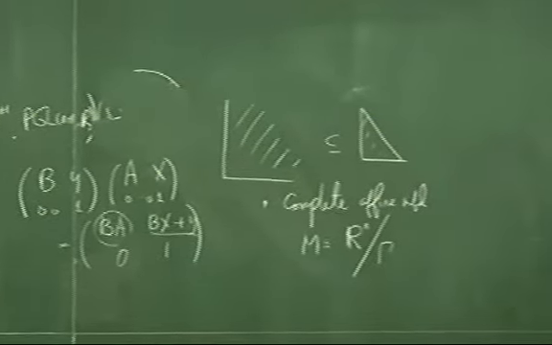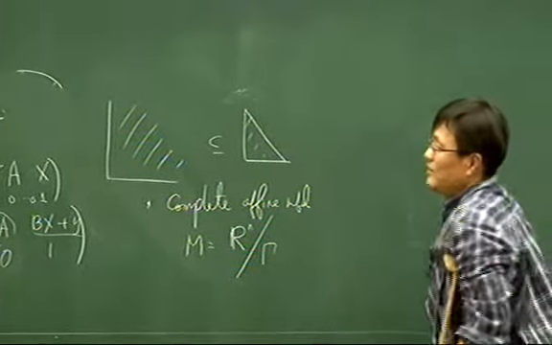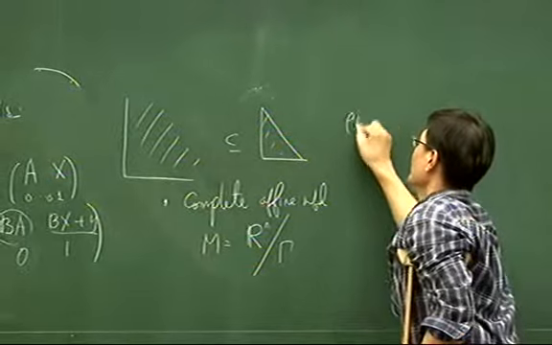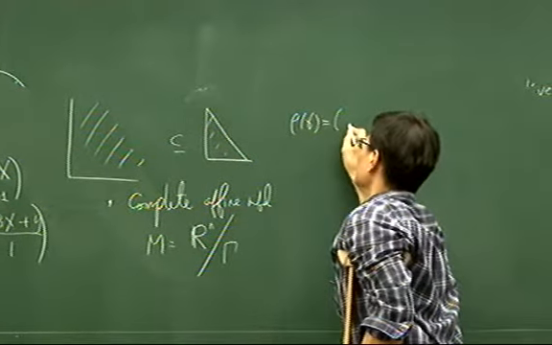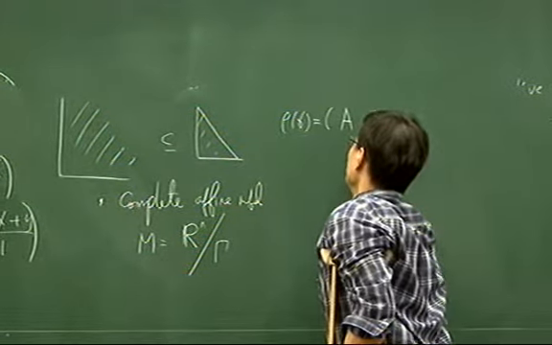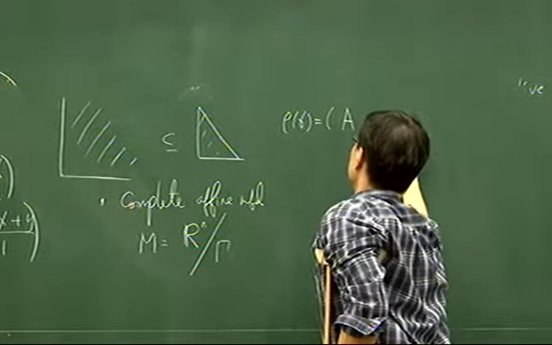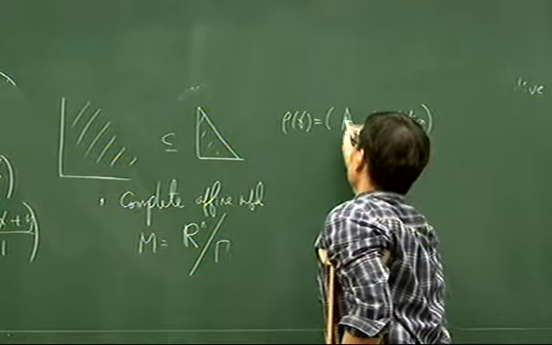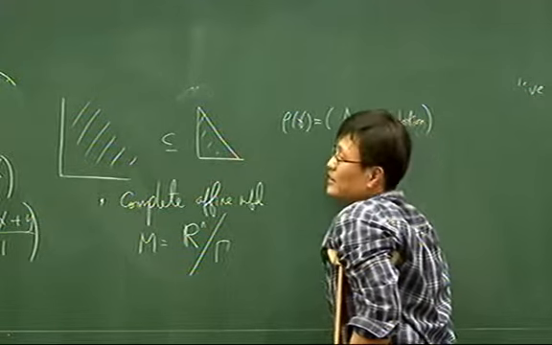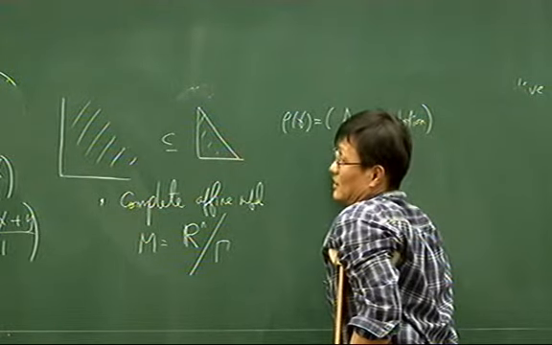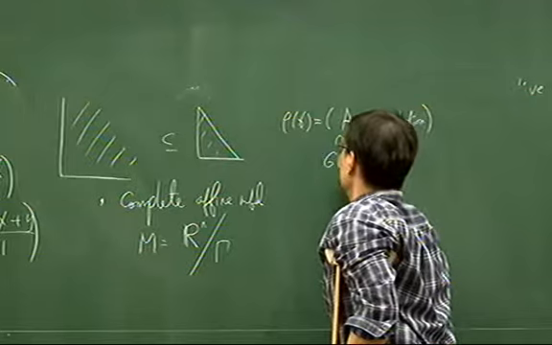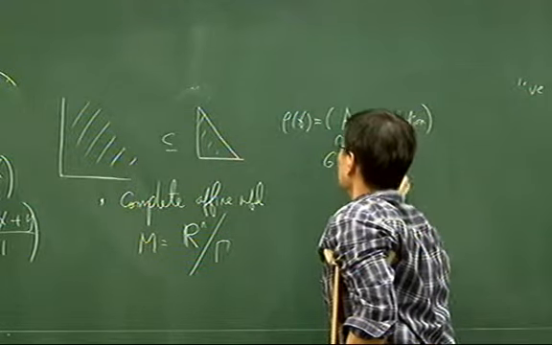So if you look at the holonomy, each element rho of gamma in this case consists of a linear part and a translation. So this is an element in GL(n, R).